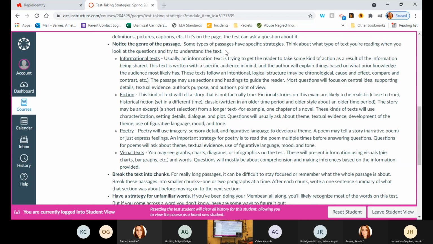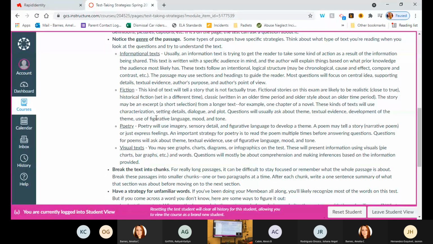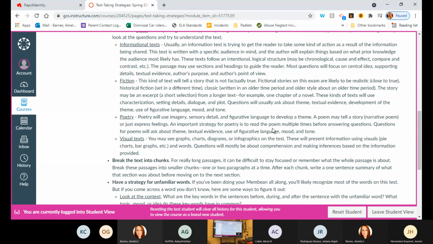So with an informational text, we know our questions are going to ask about things like central ideas, supporting details, author's purpose, and author's point of view. So those are the things you should be paying attention to. You're also going to see different types of structure there. With fiction, we're going to have questions more about theme, characterization, setting details, and plot. Poetry is going to focus on figurative language, mood, and tone.